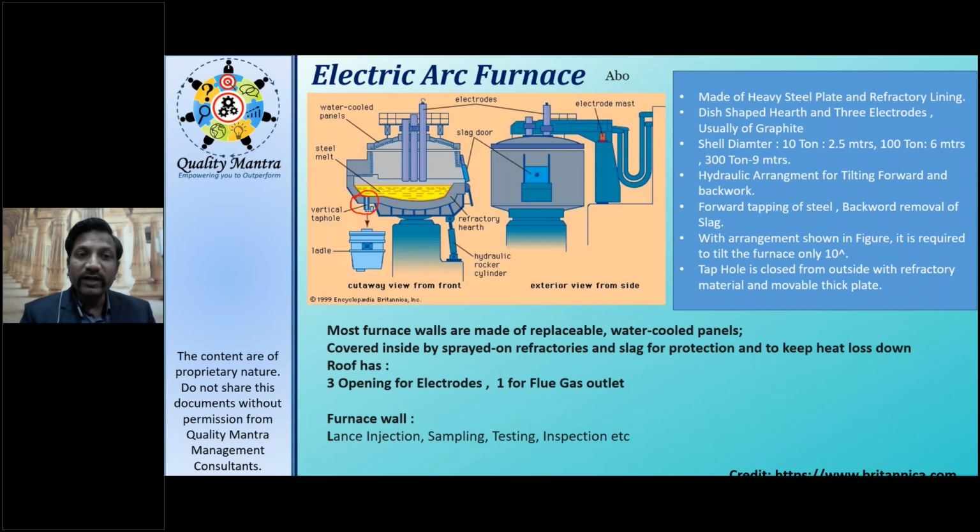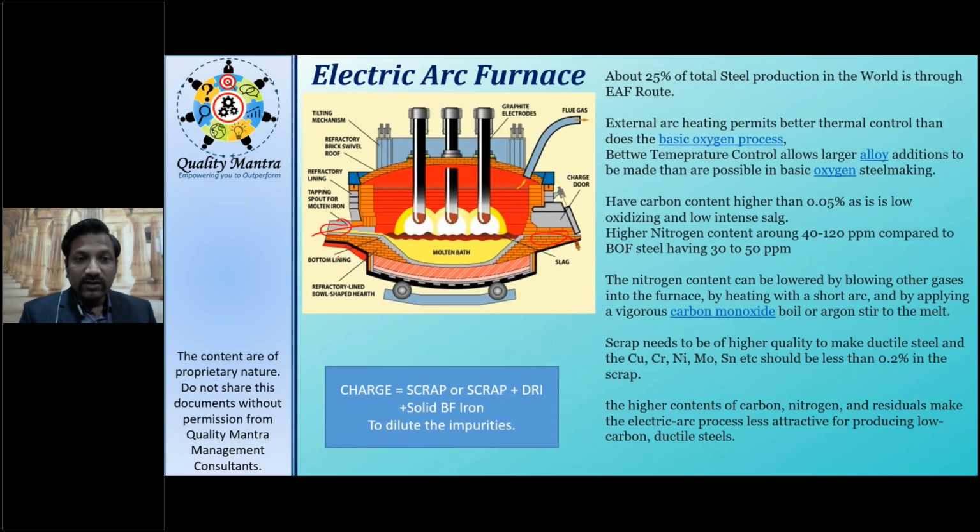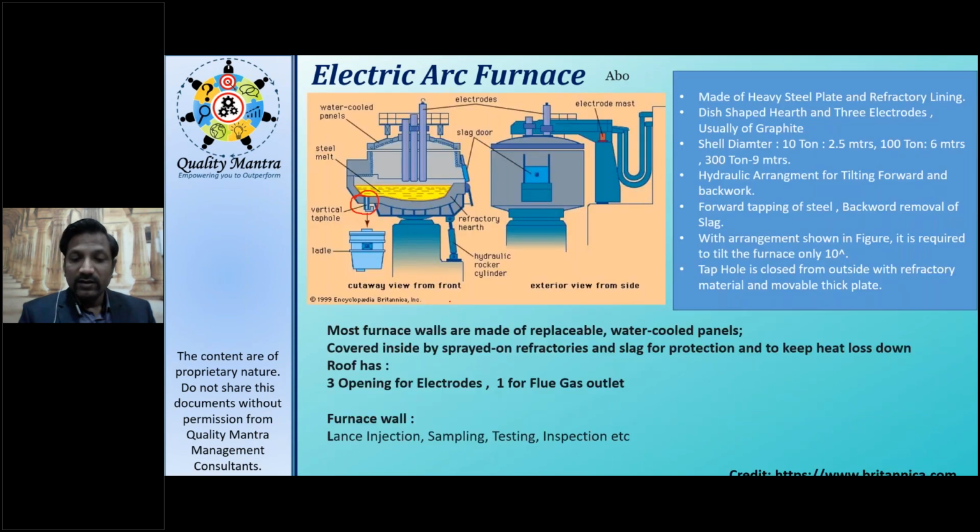It is called a vertical tap hole. And another thing is the system for tilting. How will you remove this? It is tilting by way of rollers, and in this case it is a hydraulic rocker cylinder.